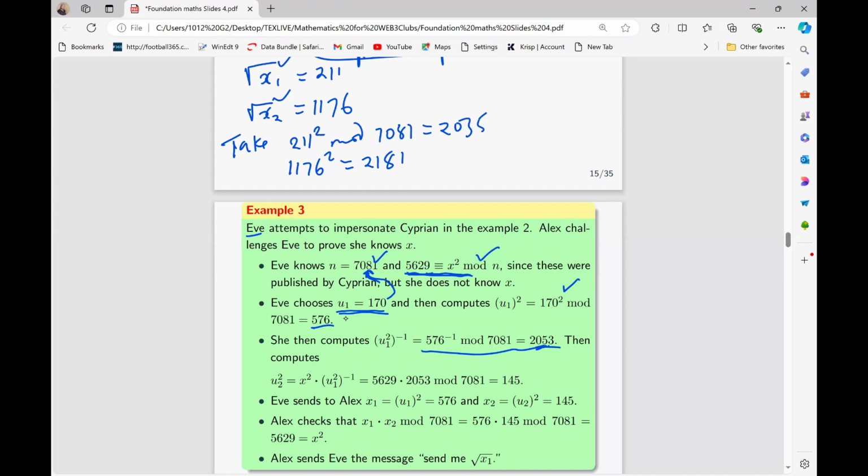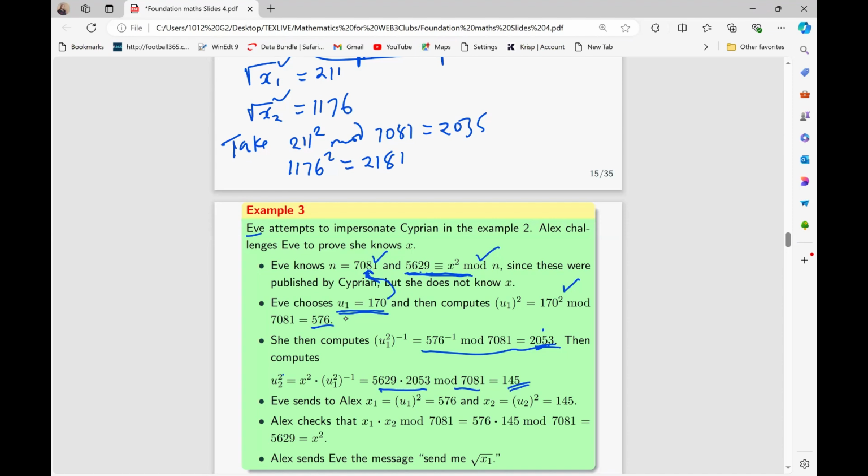After getting this inverse, she multiplies it by X square, which she has from the public domain. From the conversation between Cyprian and Alex, she was able to get that X square. So she multiplies this inverse by X square, and that gives her U2 square. She multiplies mod 7081, and she gets U2 square as 145.